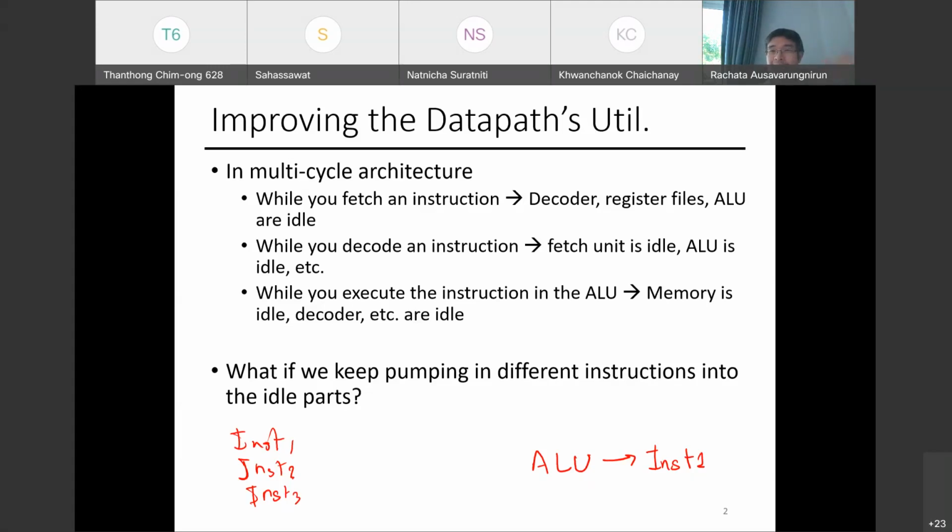Instruction 1 is in the ALU. Before we go to the ALU, we go to the decoder. So what instruction can go to the decoder? We have instructions 2 and 3, so both of them can go to the decoder. To make sure we still have the ordering of instruction 1, then 2, then 3, I can put instruction 2 in the decoder.